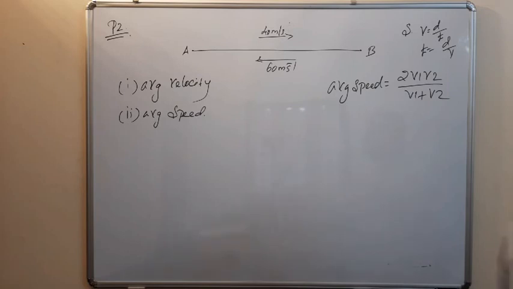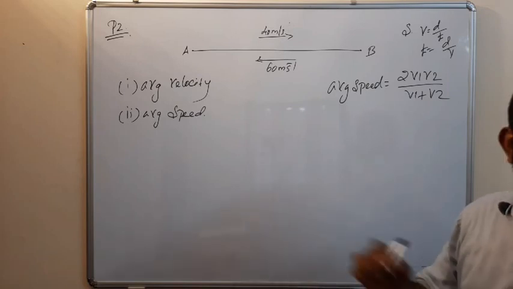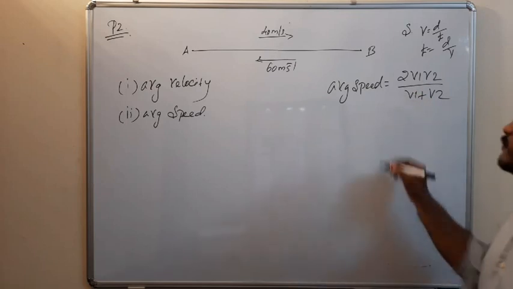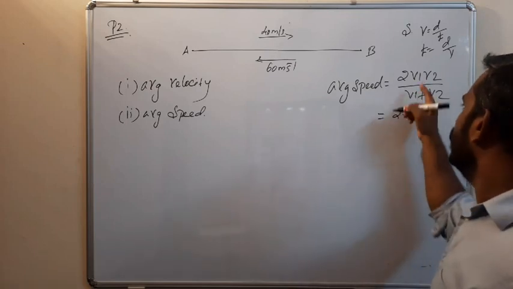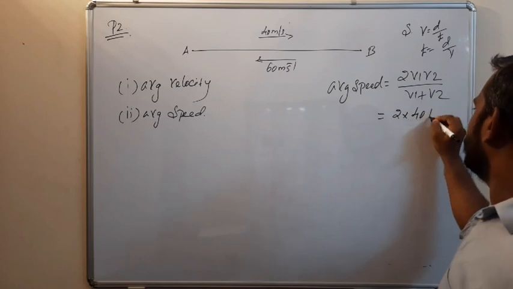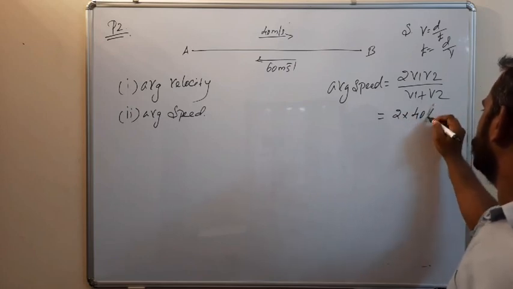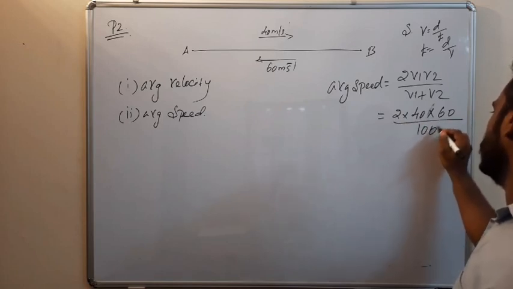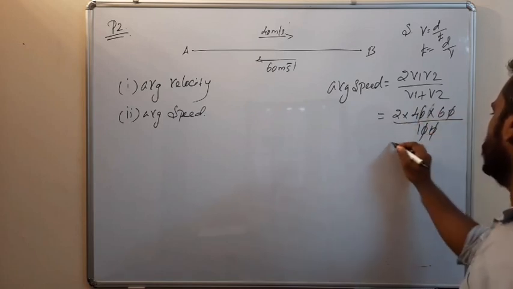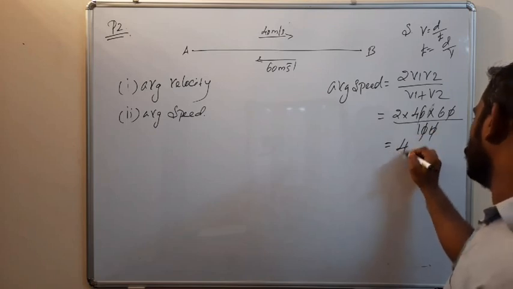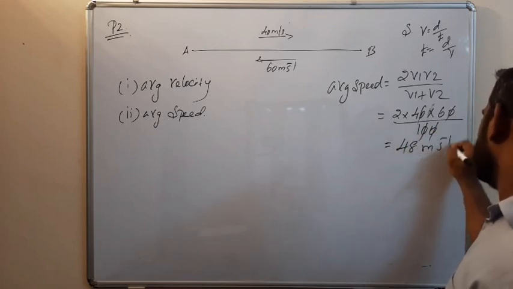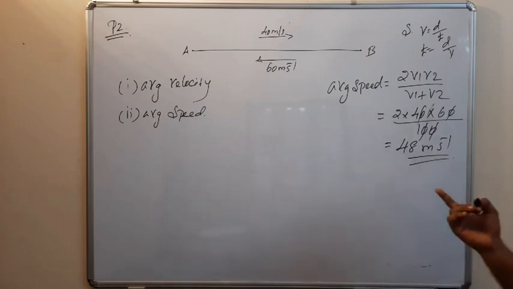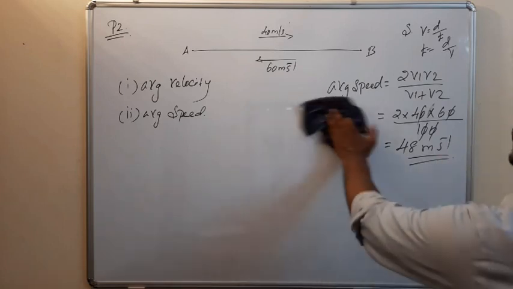So that is 2 into 40 into 60 divided by 100, that is 6 fours are 24, 24 into 2 is 48 meter per second. In this way also you can solve this problem. Clear?